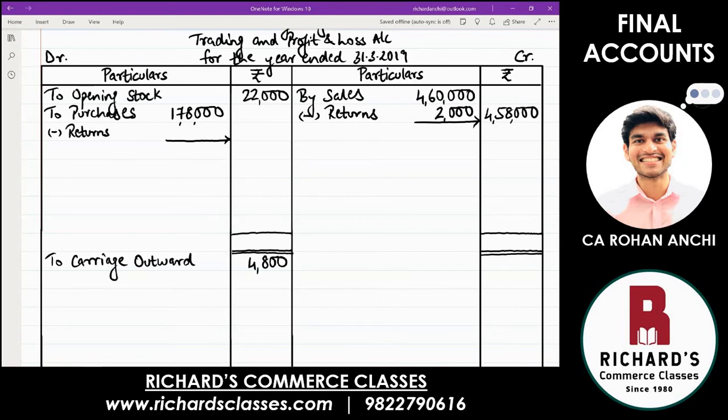And do the same for the other returns, purchase returns. That is the credit amount, 4,000. Deduct from the debit side. Yes, outer column. 1,74,000. That's right.